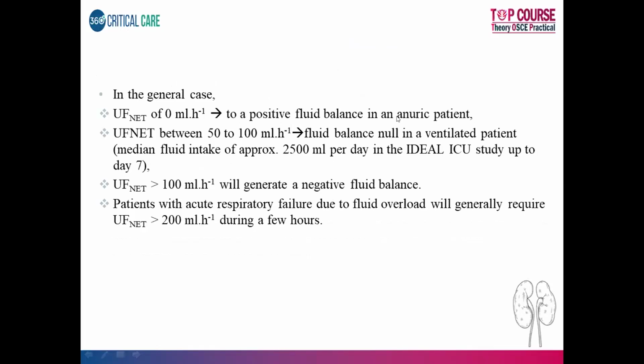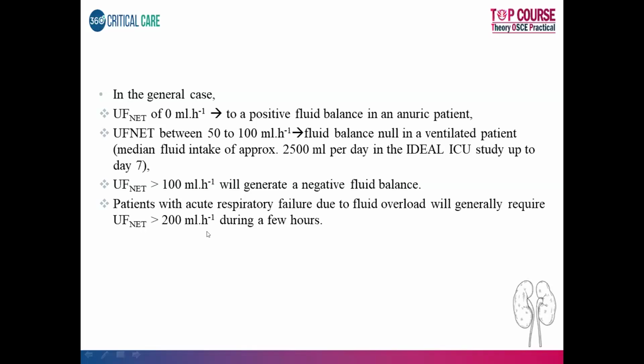But in a ventilated patient, you have to maintain a net equal fluid balance. You can keep an ultrafiltration between 50 to 100 ml per hour. But if you want a negative fluid balance, you need to adjust the ultrafiltration rate to more than 100 ml per hour. Suppose the patient presents with acute pulmonary edema leading to acute respiratory failure, then he might require more than 200 ml per hour.